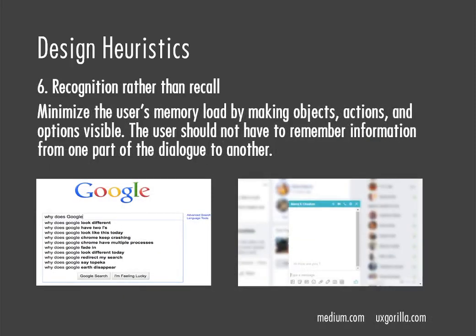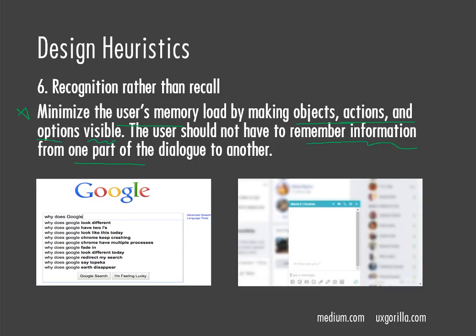Okay, recognition rather than recall. Minimize the user's memory load by making objects, actions, and options visible. The user should not have to remember information from one part of the dialogue to another. Okay, examples.